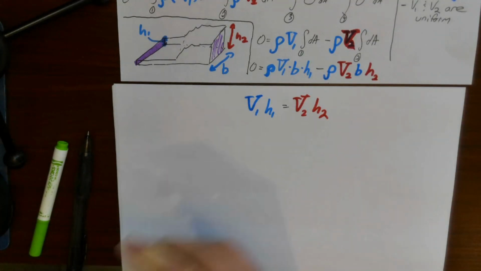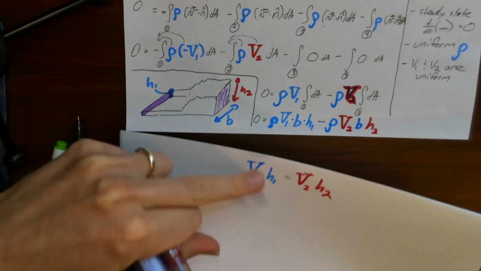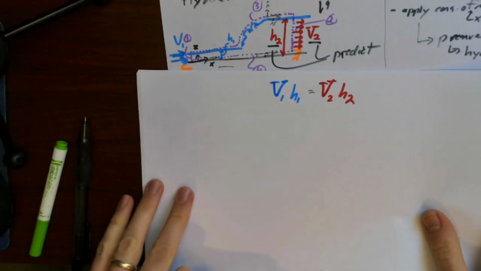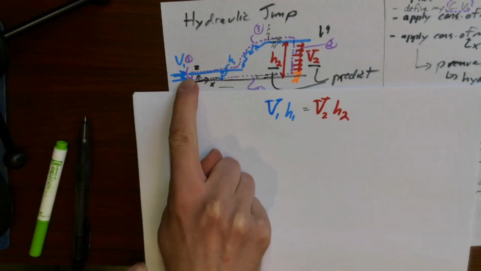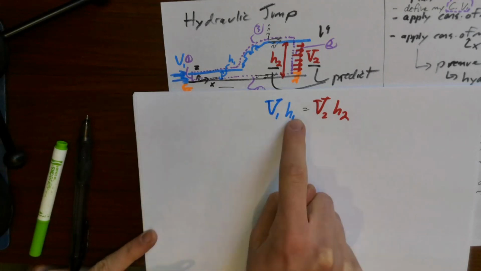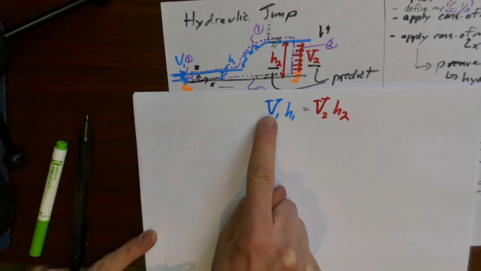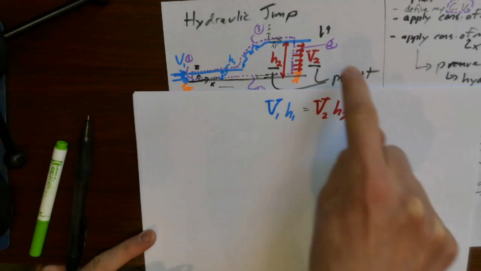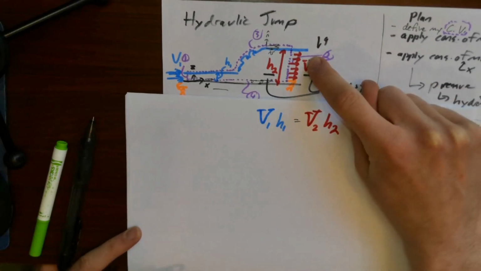So what does this mean? If we apply this idea at the inlet, we had fluid that was very fast, a large v1, but h1 was pretty small. So their product ends up being the same as the product of v2 and h2 over at the other side.